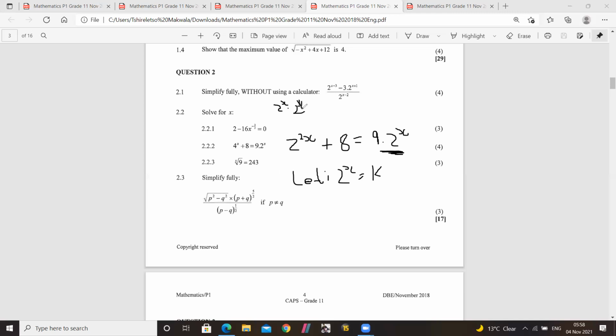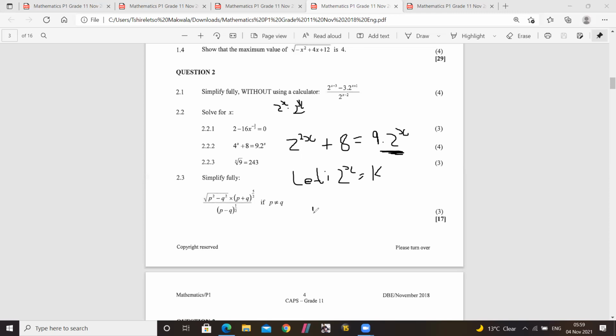Why do we say this and this are the same? Because the bases are the same. And if the bases are the same, you can add the exponents, right? So x plus x is 2x. So this is equal to how many k's?